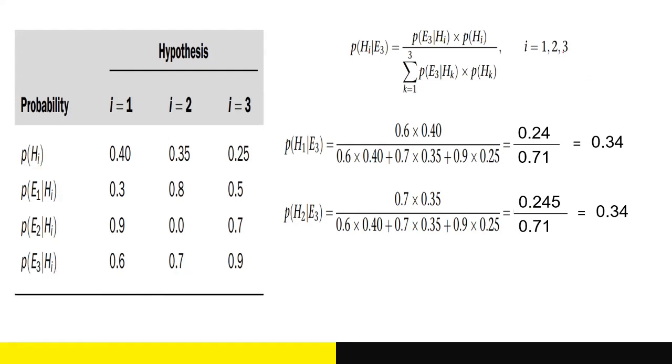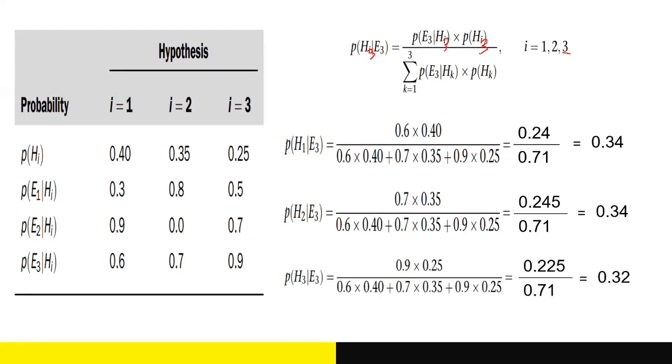And our index i now is 3. So the probability of hypothesis 3 given evidence 3 is equal to the probability of evidence 3 given hypothesis 3. So we have 0.9 multiplied by the prior probability of hypothesis 3, 0.25, and the same process.